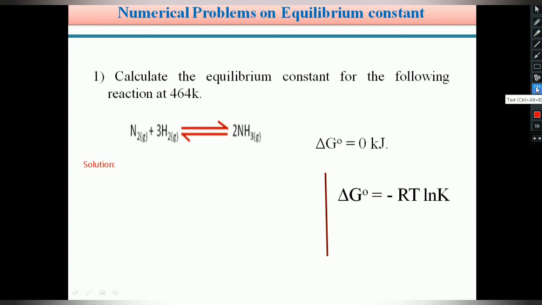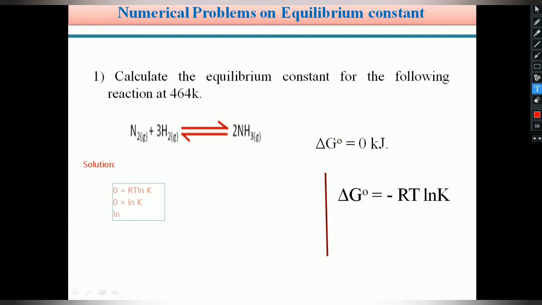Since delta G naught is equal to 0 kilojoules, 0 is equal to R into T into ln K. We want to find the K value. If RT goes to the left side, then the equation becomes 0 is equal to ln K. And we can write 0 as ln 1.